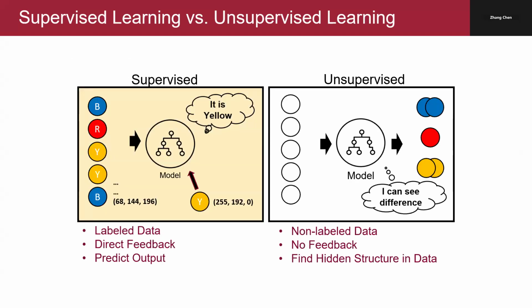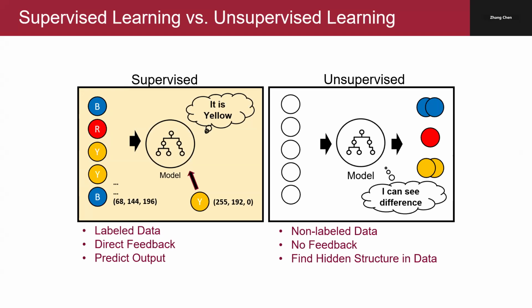So actually, these slides give an intuitive comparison between supervised and unsupervised learning. On the left is the supervised learning. The model is trained using labeled data, meaning we already know the correct answers.